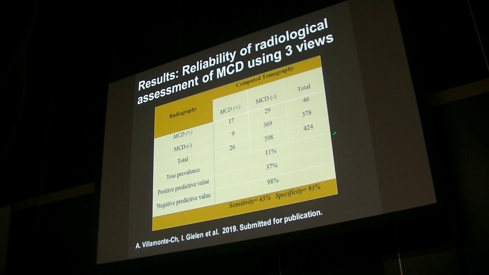So 424. The ones that were scored positive on the radiograph were in total 46 of them. They were scored positively on CT as well in 17, and the others were scored positive on the radiograph, negative on CT. Then of the ones scored negative on the radiograph as being healthy, 9 of them were having coronoid pathology. So false negative, 9. False positive, 29.